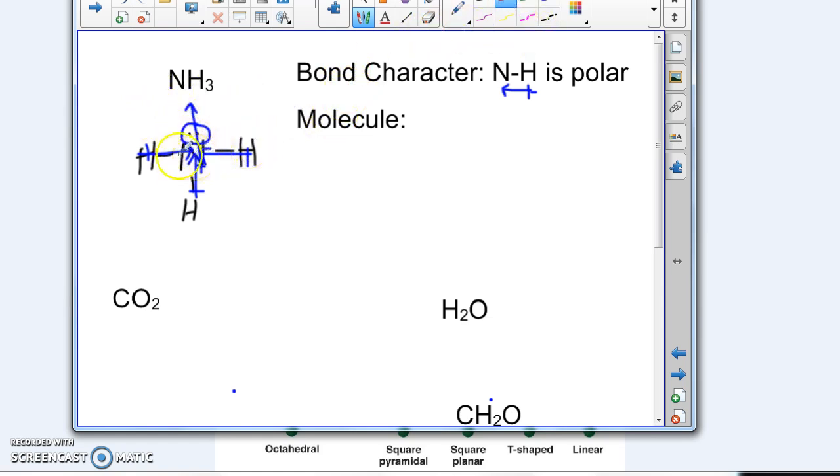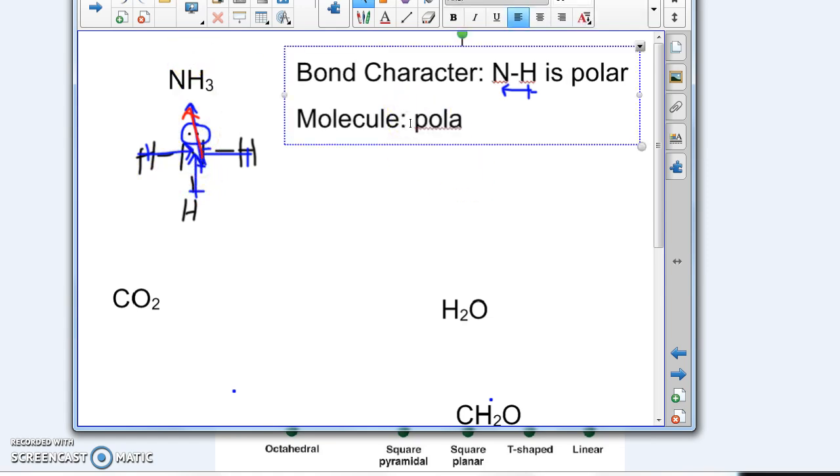As you can see, we have 3 going towards the nitrogen and 1 going straight up. Would you consider that symmetrical or asymmetrical? I hope you're thinking that's asymmetrical, because we've got 3 things going one way, 1 thing going out. So our whole molecule overall is going to be polar.